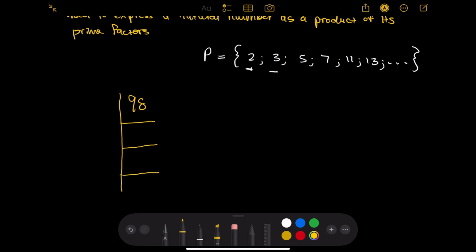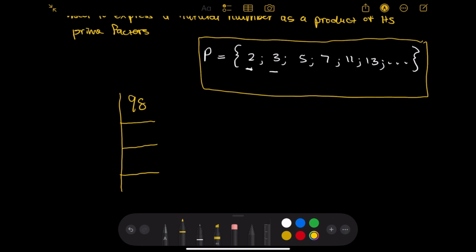So when we think about the number 98, firstly we should present our list of prime factors. Then once you have your list, you identify out of my list of prime factors, what is the smallest prime factor that can be divided into 98, right?